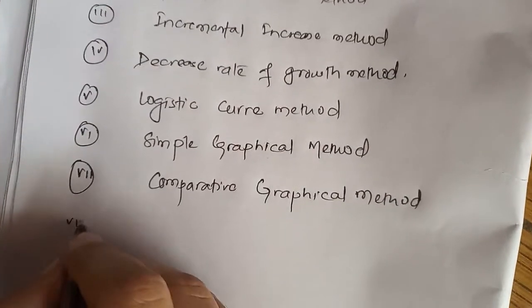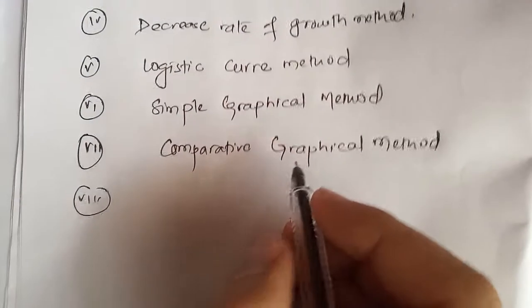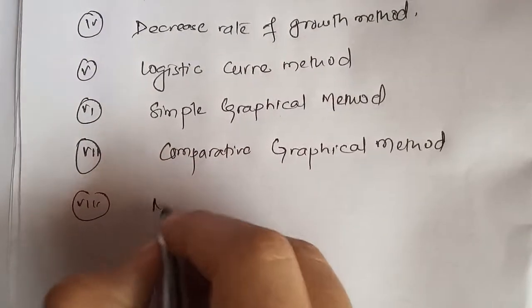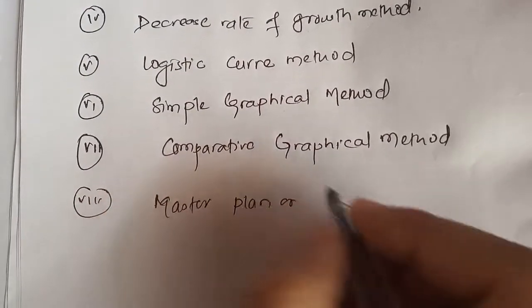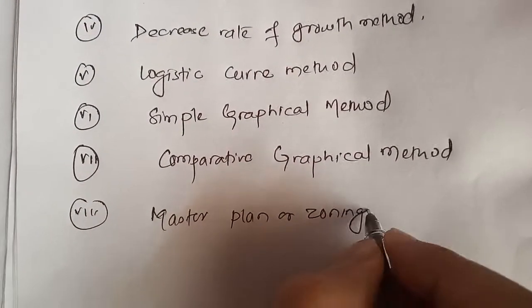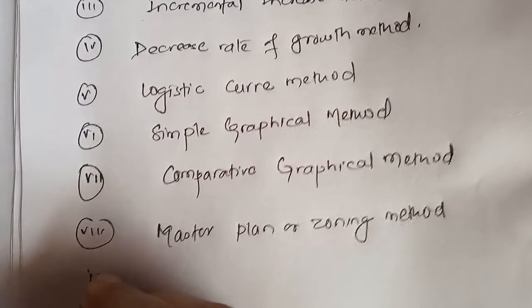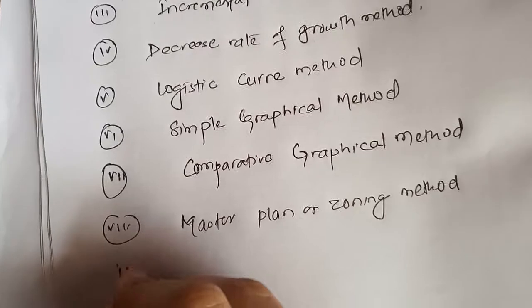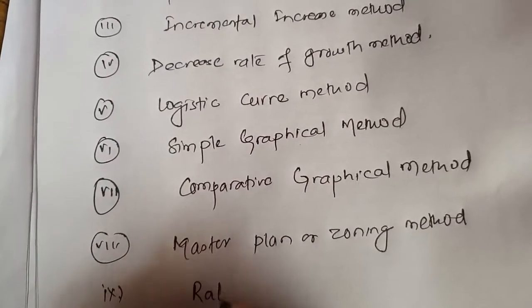Eighth we have master plan or zoning method. Ninth we have ratio method.